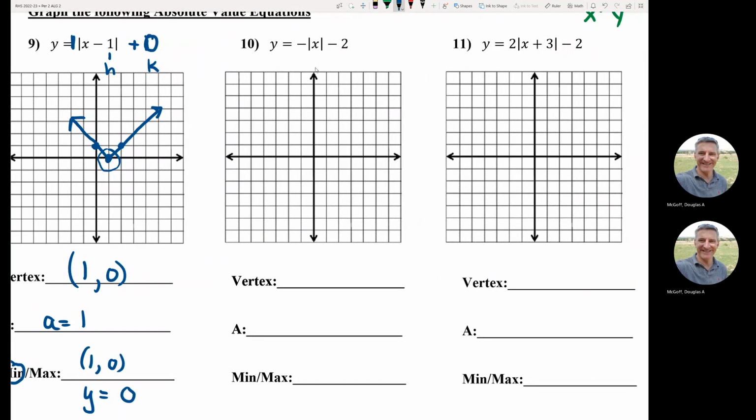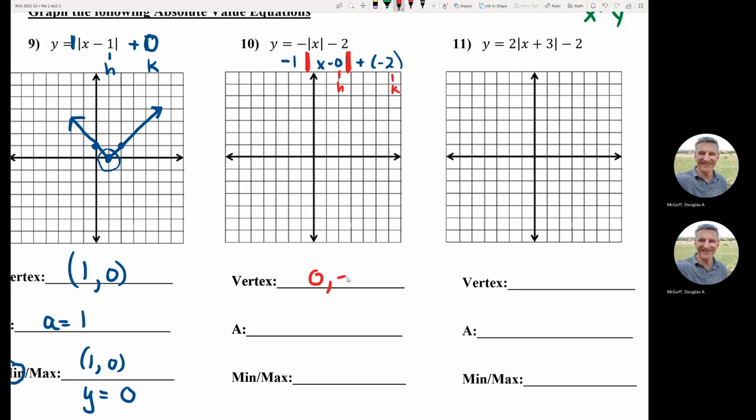Number 10, I'm going to put it in the full form. So a is -1 times the absolute value of x minus 0 plus -2. So h is 0. k is -2.